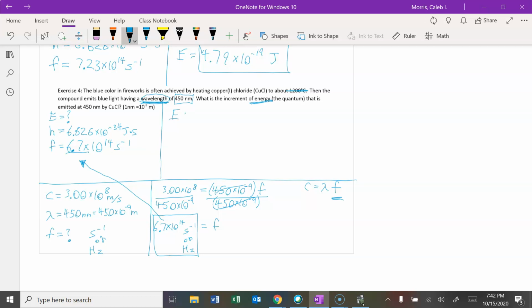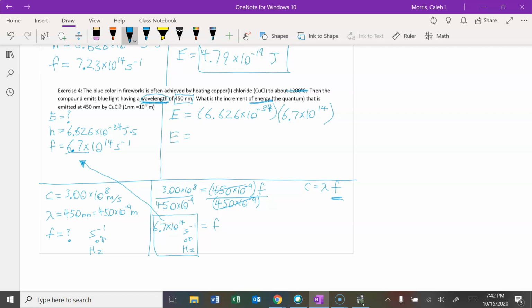So E equals, now I have h as 6.626 times 10 to the negative 34th, and multiply that by frequency, which is 6.7 times 10 to the 14th.